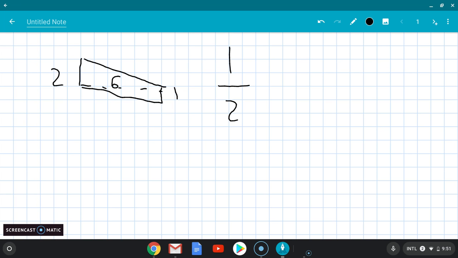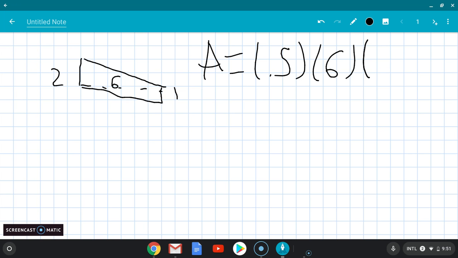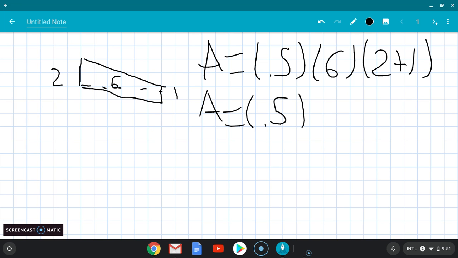All right, then we just plug into the formula. We'll just go right ahead with the 0.5. So 0.5, all right, times my height, which is 6, times my bases. I'll have 2 and 1, okay? So we're going to simplify that. Do what's in the parentheses. 2 plus 1 is going to give us 3.